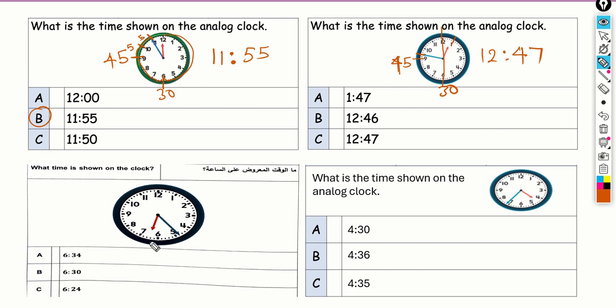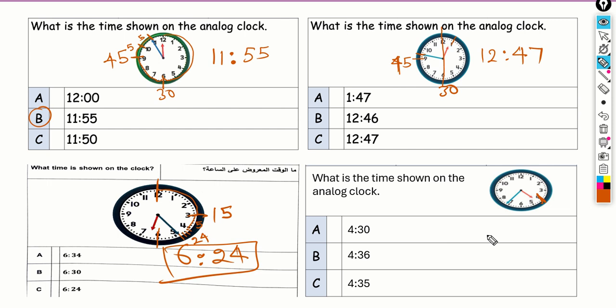Okay, now let's move on to this one. Again, this is 6 here. First you look at the small one. Now from here up to here, 15 minutes plus 5, 20, and now 21, 22, 23, 24. So 6:24. Okay, last question.